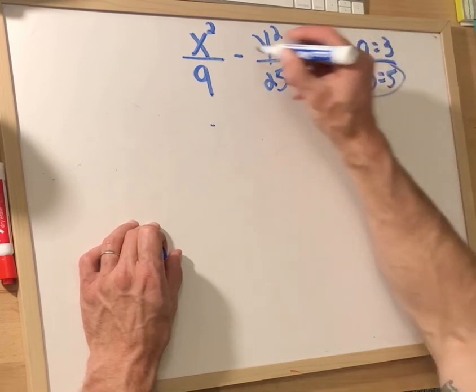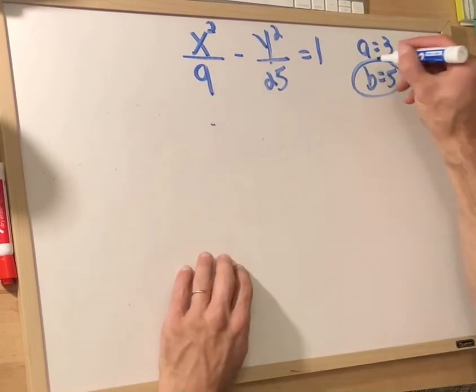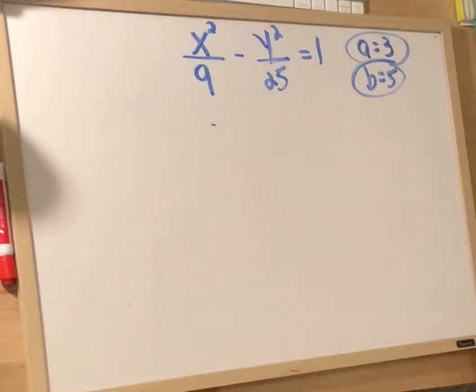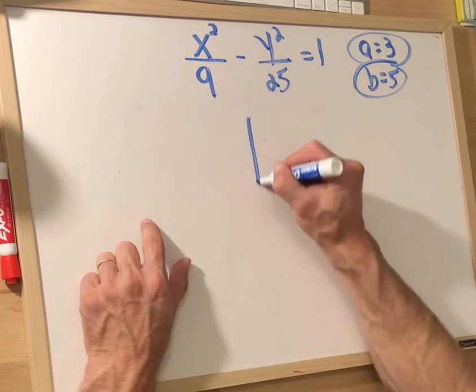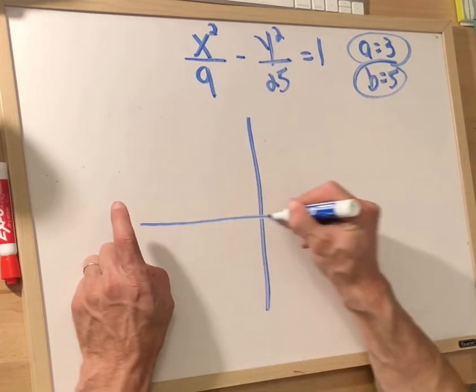Now, since this is an X line, it's going to be curved left and right. What you're going to do is graph your asymptote lines to start off.